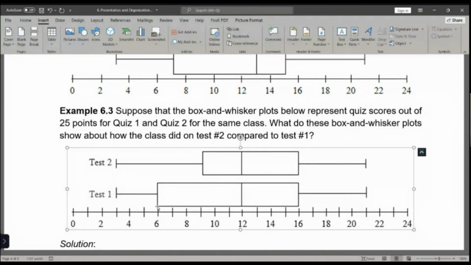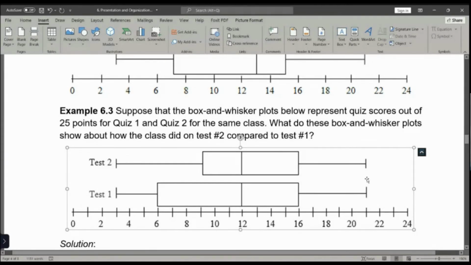At the same time, we also have the same third quartile. This means we have the same number of students who got lower than 16, and we also have the same number of students who got higher than 16.